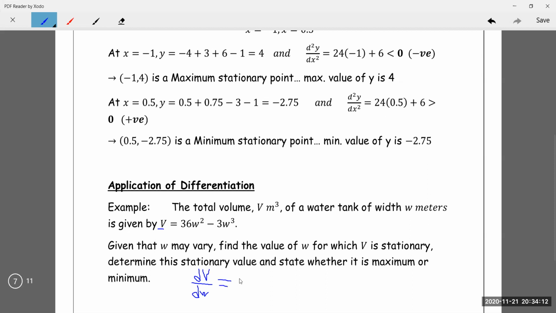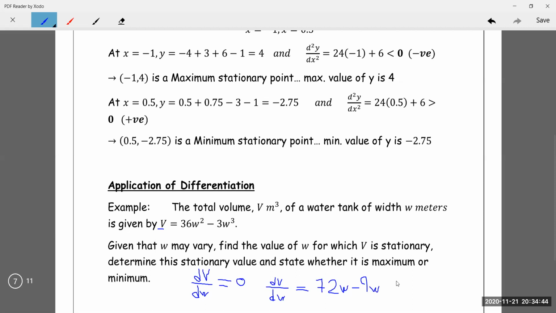So that's what we're going to do. We're going to find dV by dW. What's dV by dW? It's 72W minus 9W squared.